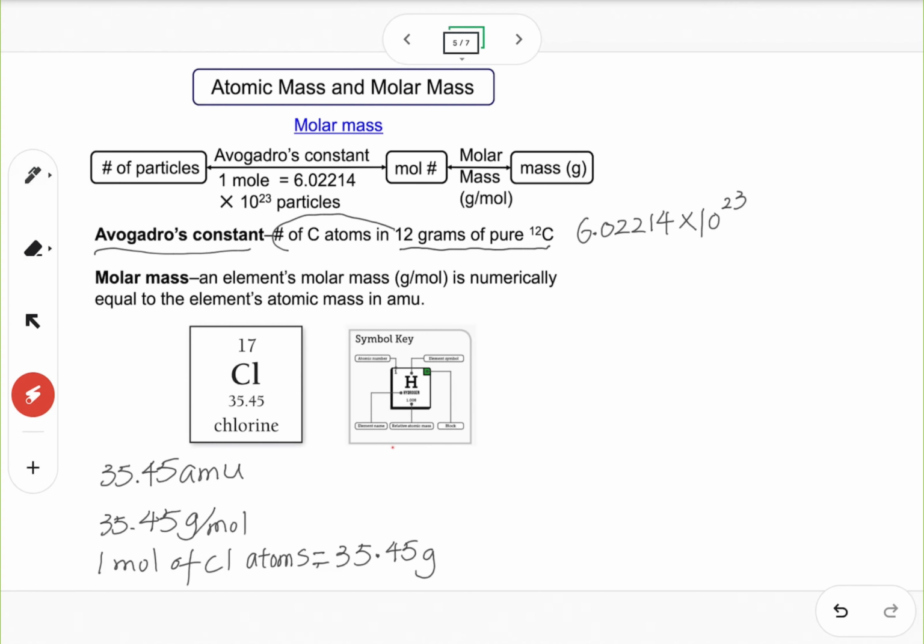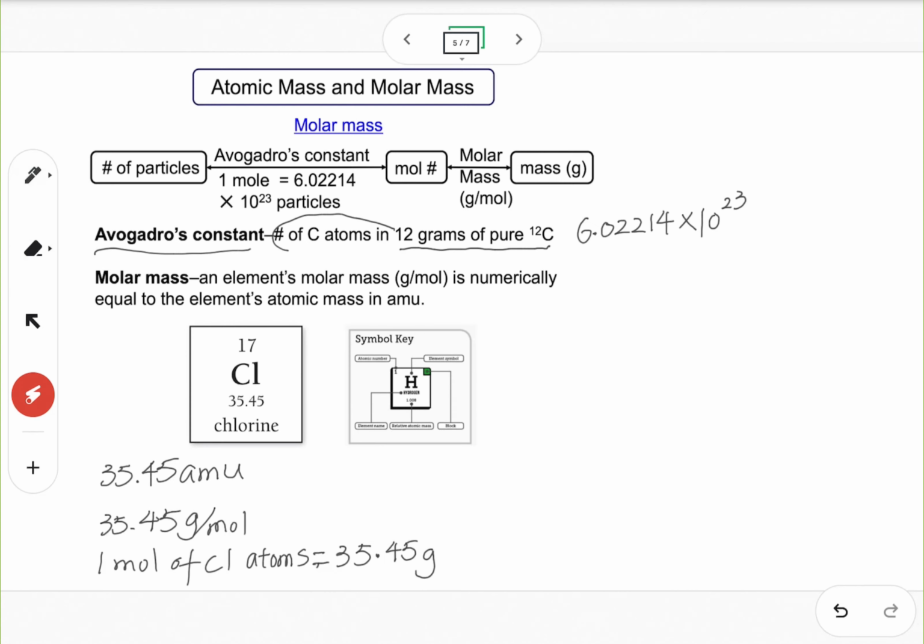This is an example shown on one of the periodic tables I found online, and it shows you where you can find the atomic mass, right here. So 1.008 is the atomic mass for hydrogen. That means 1 mole of hydrogen atoms equals 1.008 gram.